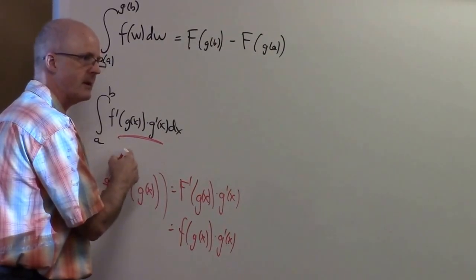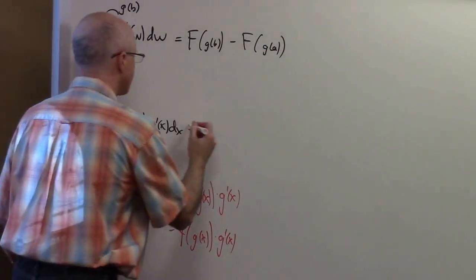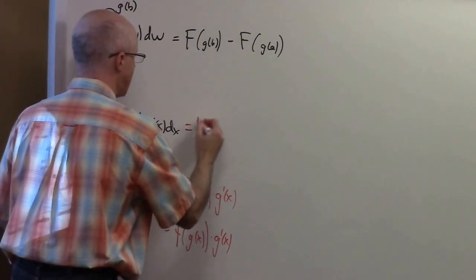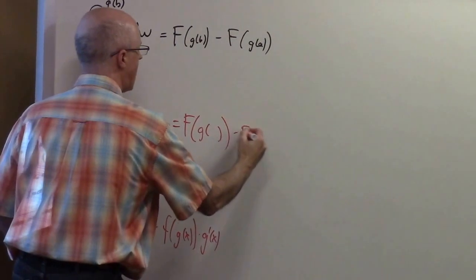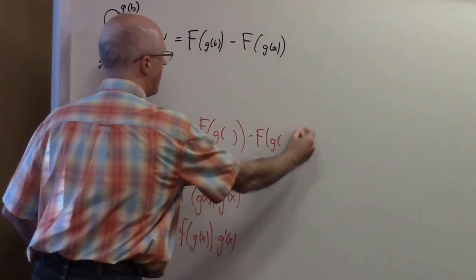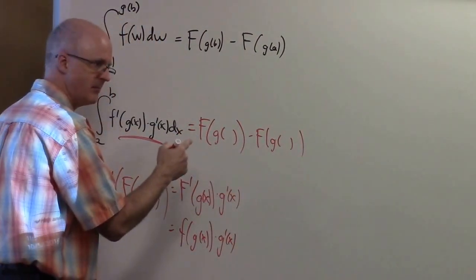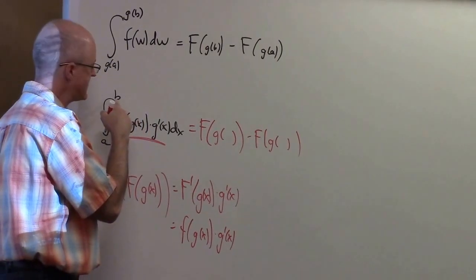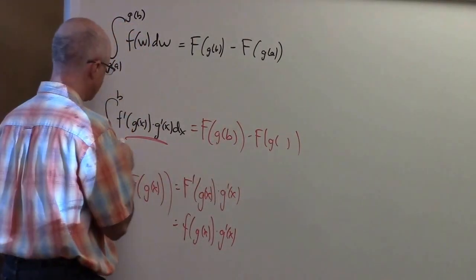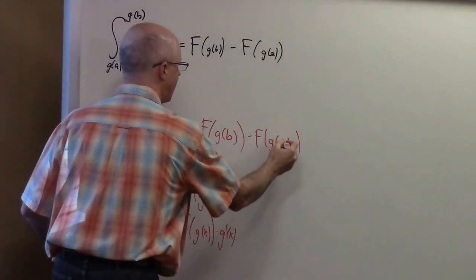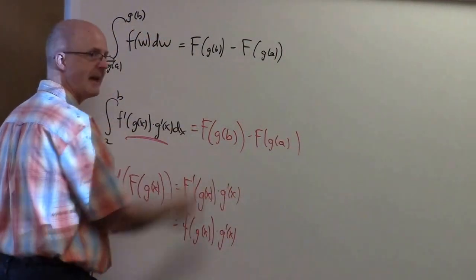So by the fundamental theorem of calculus, this integral also equals the exact same thing: capital F of g minus capital F of g. I'm purposely leaving the inputs blank for the moment because I want to emphasize I plug in the upper limit b minus what I get when I plug in the lower limit a. I get the same answer.